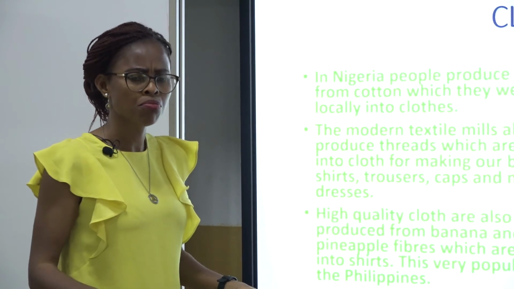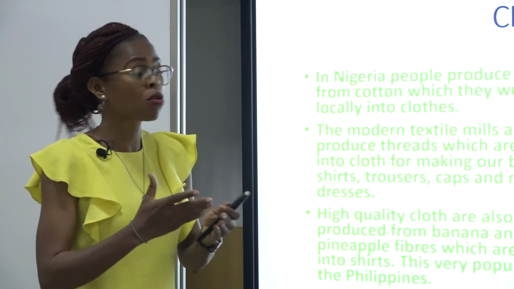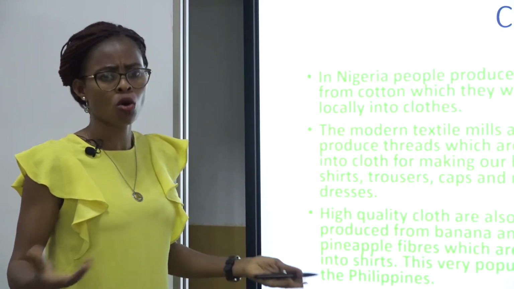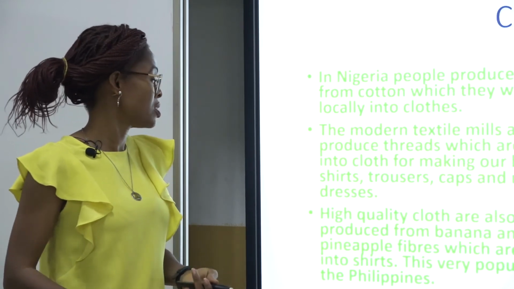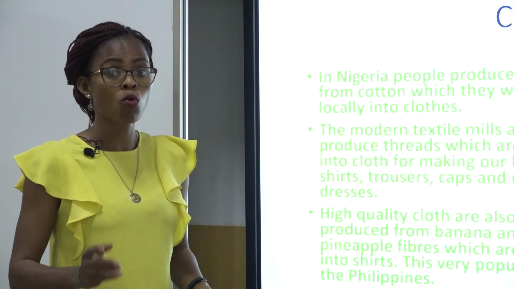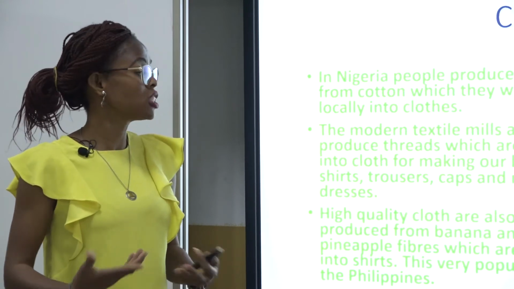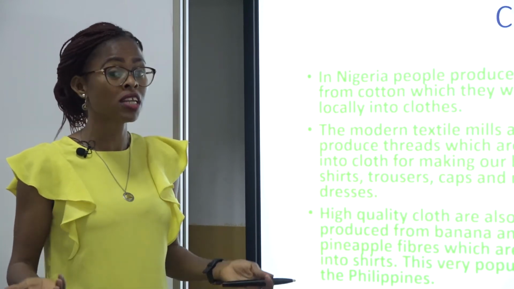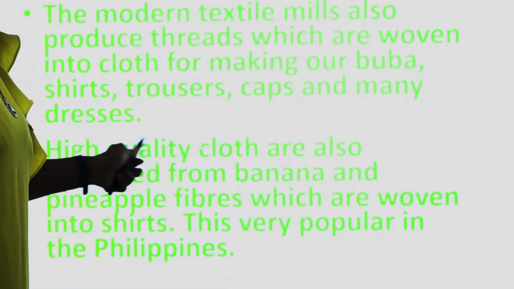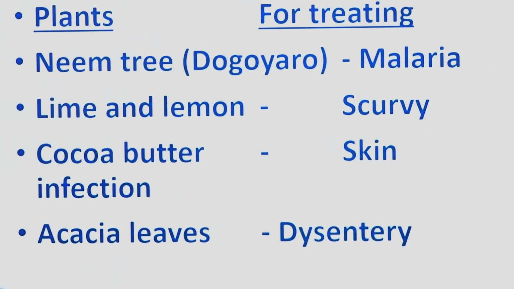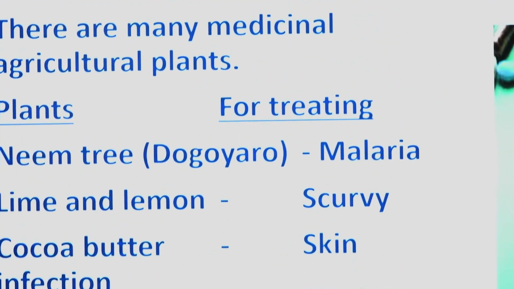From cotton, the majority of them. They are gotten from agricultural produce. Many high quality dresses too. You can imagine, even banana trees and pineapple fibers are woven into what? Into shirts. These are popularly worn in where? In the Philippines. You can see them using these materials to produce clothing materials.